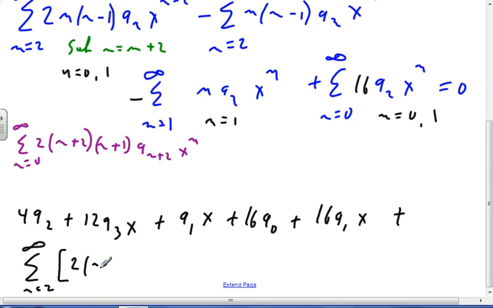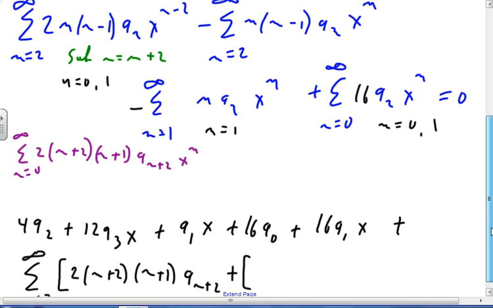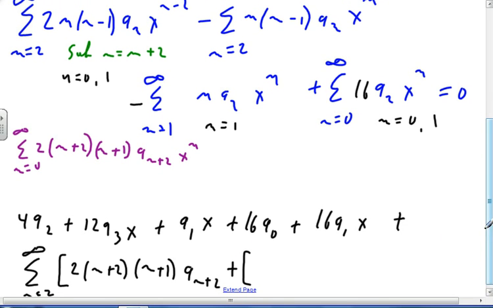(2n plus 2)(n plus 1) a_(n+2), plus parentheses. Okay, now we're looking for the n plus 1 term.